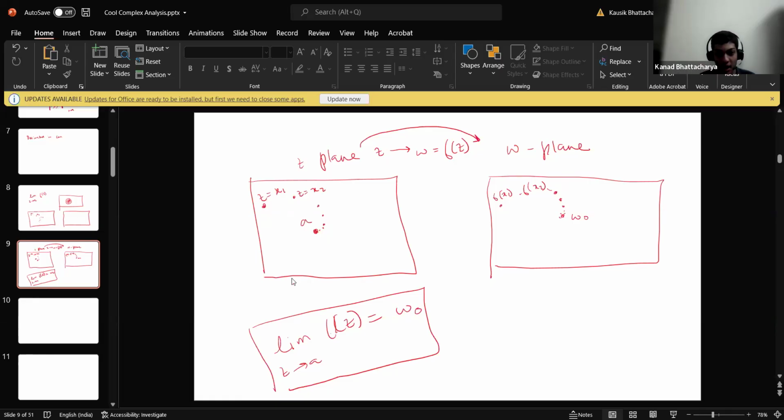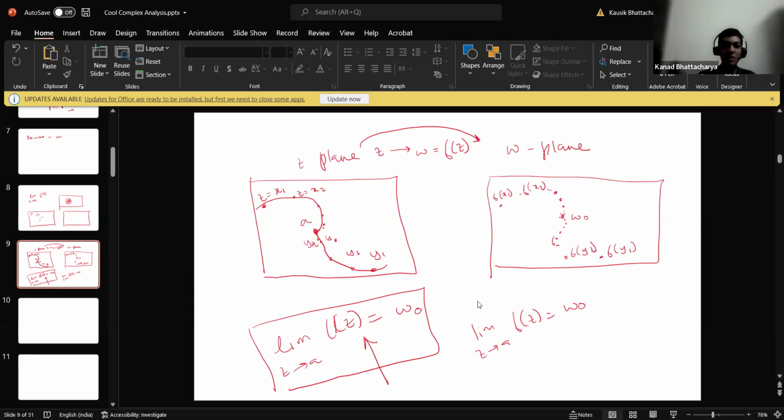Let's suppose we were to take another path. So this was one path to A that we took. Let's say we took another path to A. Let's say these are some points y1, y2, y3, y4, and so on, and it slowly goes towards A. In order for the limit of z tends to a of f of z to be equal to w0, we would need f of y1, f of y2, f of y3 to also tend to w0.